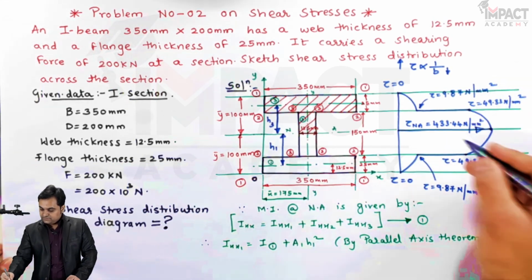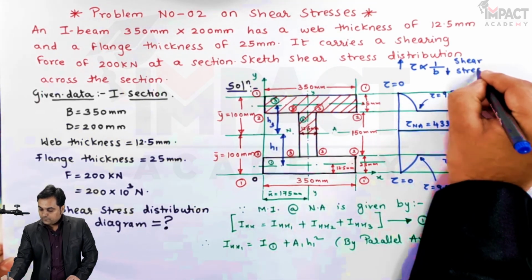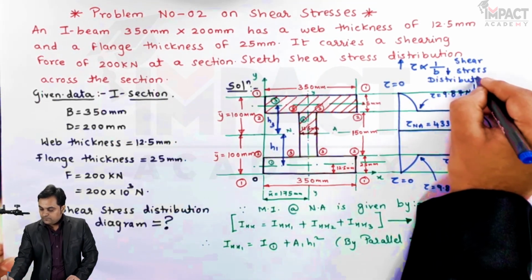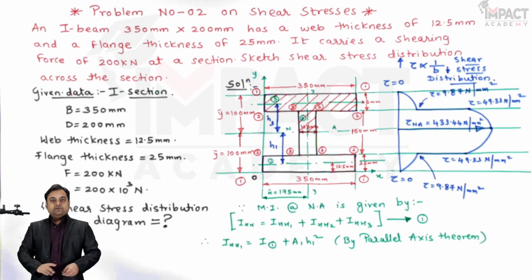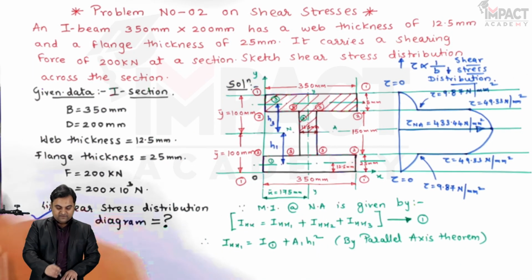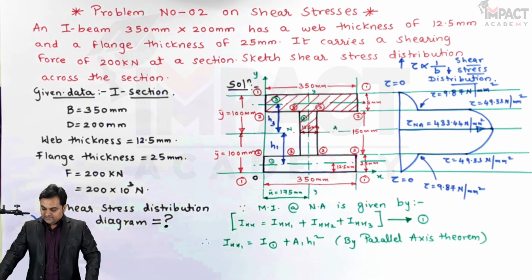So this is the shear stress distribution diagram. For the given symmetric I section, we have completed the problem.